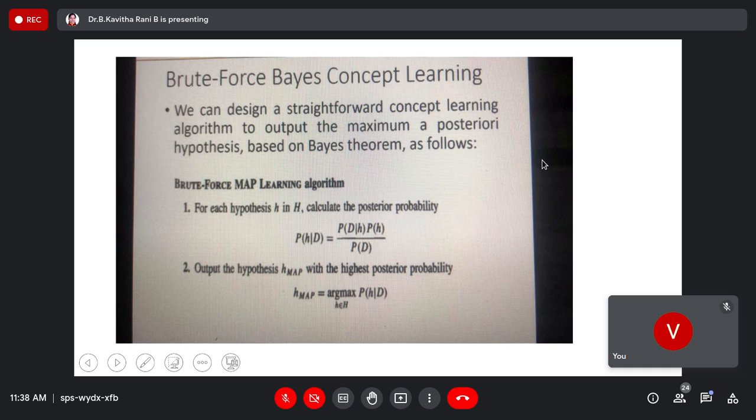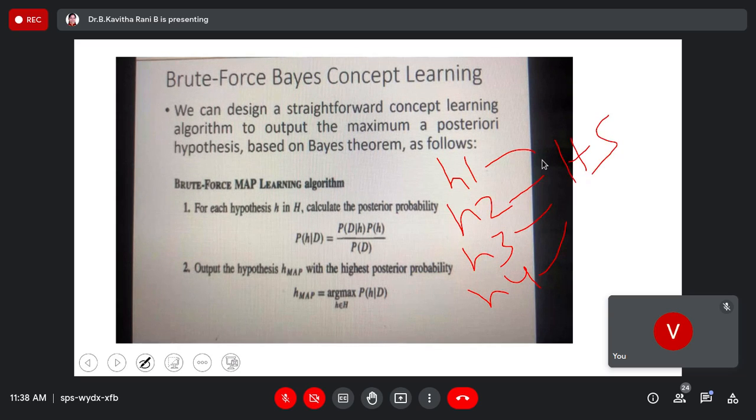Example, we have executed some data with the model, and we have got the hypotheses H1, H2, H3, H4. So these are all in the hypothesis space.